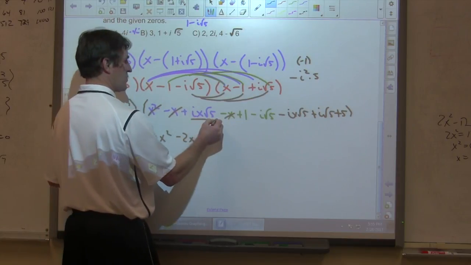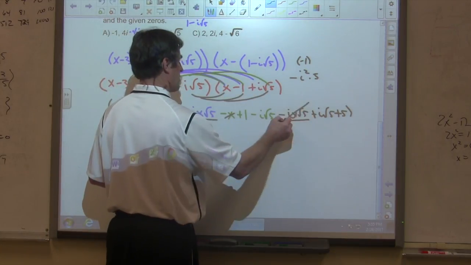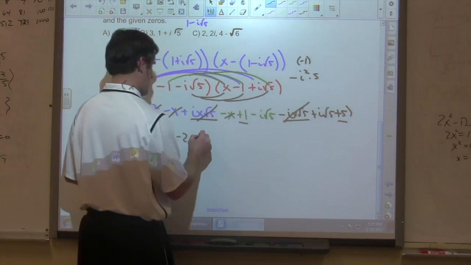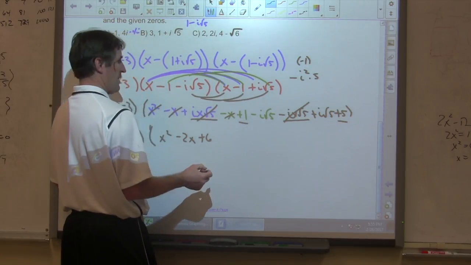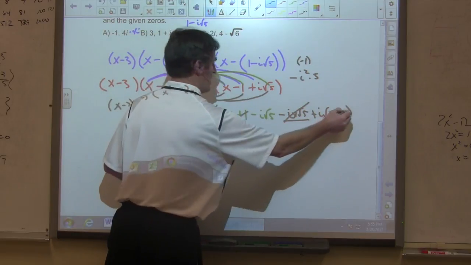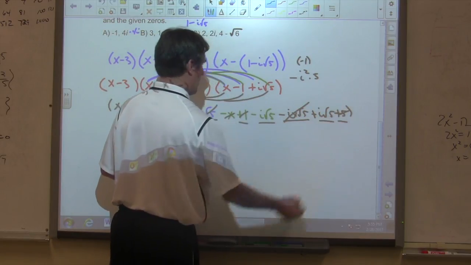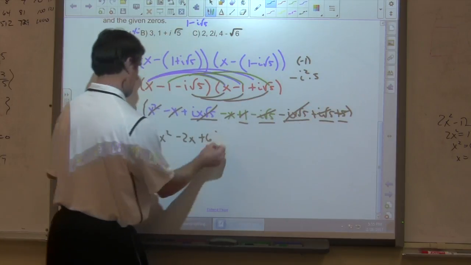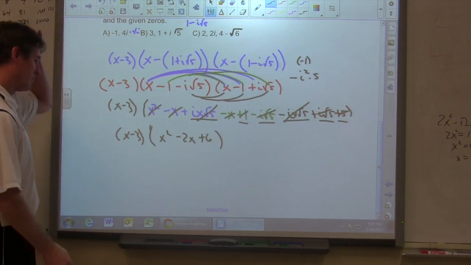We have the ix squared of 5, and the negative x squared of 5 cancels. We have the 1 plus 5 is 6. And then we have the negative i squared of 5 and the positive i squared of 5 cancel. And so now it's fairly easy.